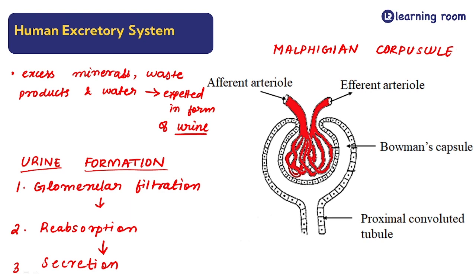And here you can easily visualize the network of capillaries that form the glomerulus, as well as the afferent arteriole, which is bringing in the incoming blood, and the efferent arteriole, which is containing the outgoing blood.